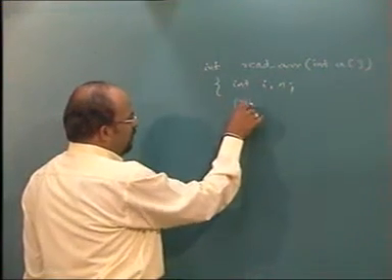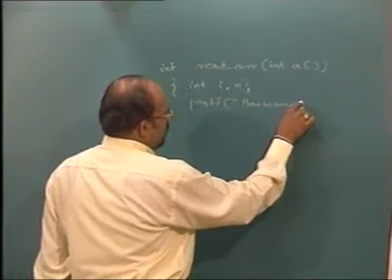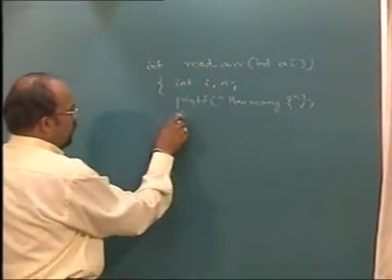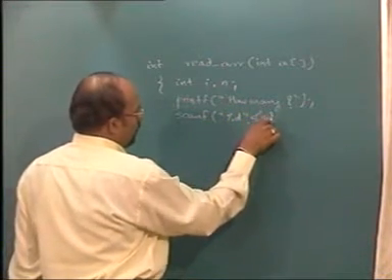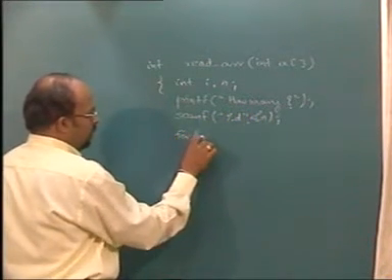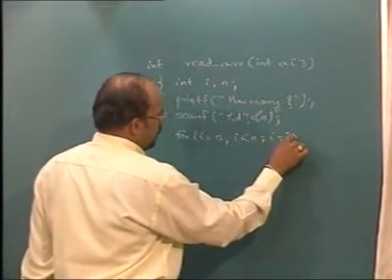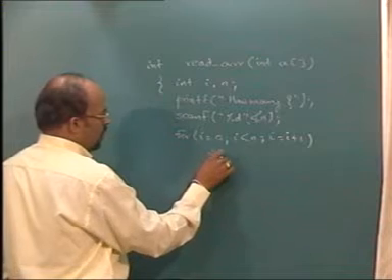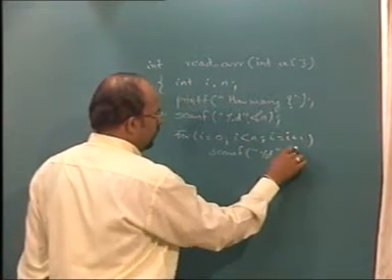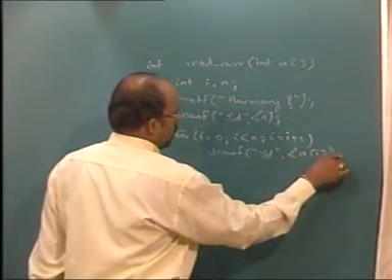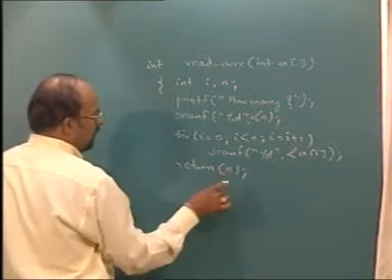Like I can say printf how many, read the number of elements n, and then read those elements in that array in the respective positions starting from 0. After the reading job is over, we should return how many values are read, n.